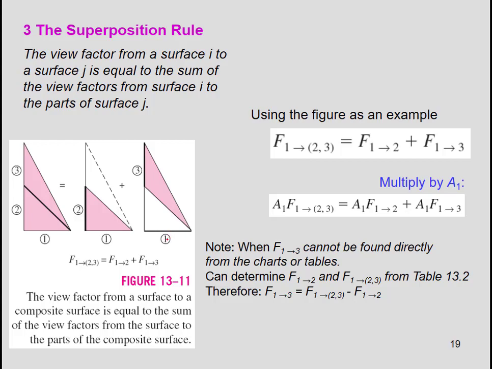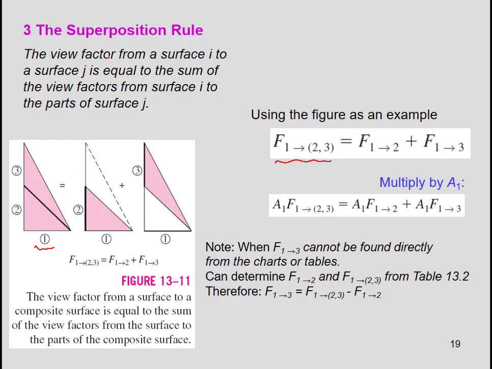Then we can write F1 to surfaces 2 and 3, both of them, equal to the view factor from surface 1 to surface 2 plus the view factor from surface 1 to surface 3, as you can see in this figure.